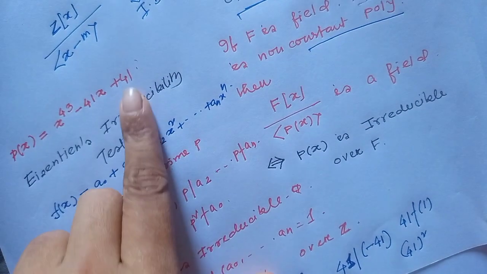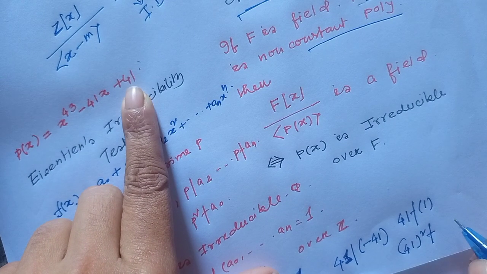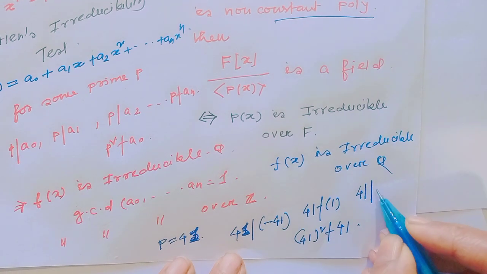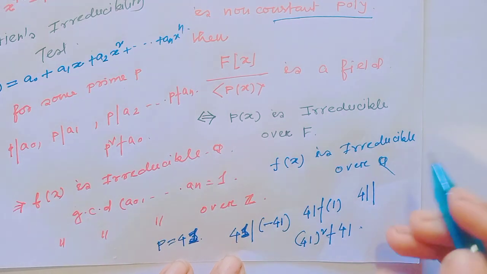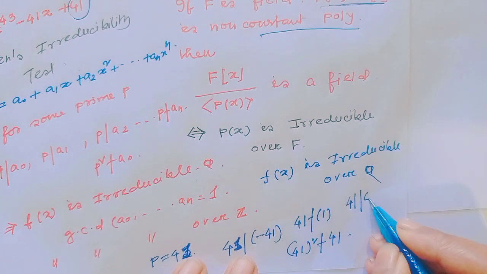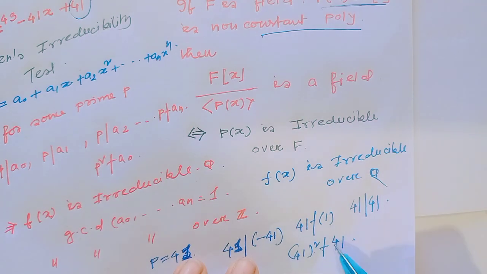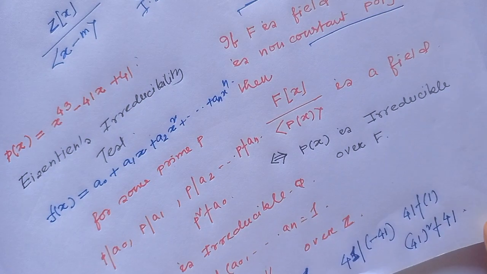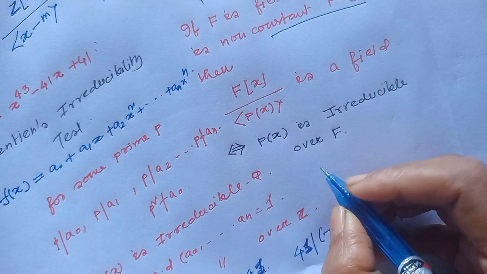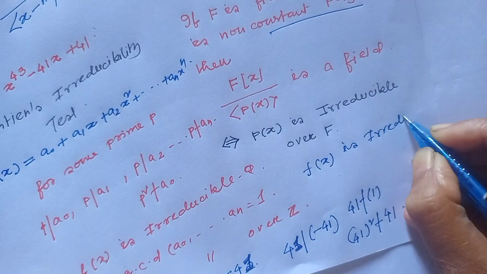Also here a0 is 41, and 41 divides 41, but 41 squared, p squared, does not divide a0. Therefore f(x) is irreducible over Q.